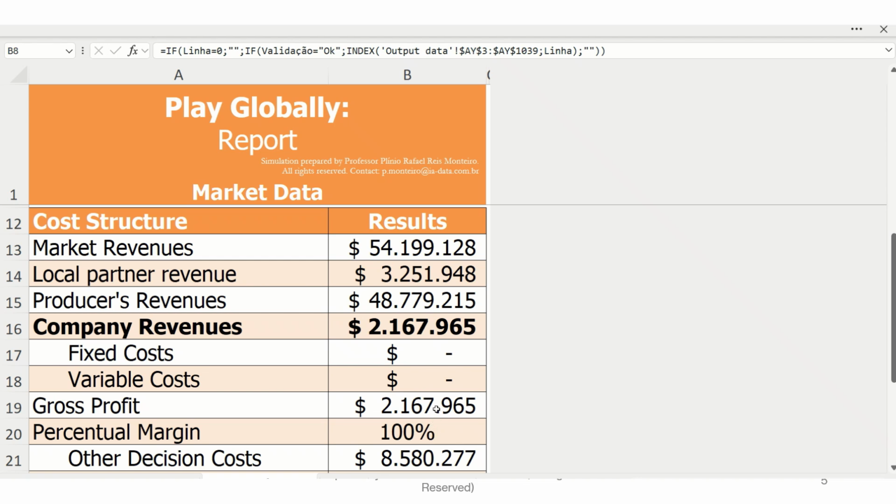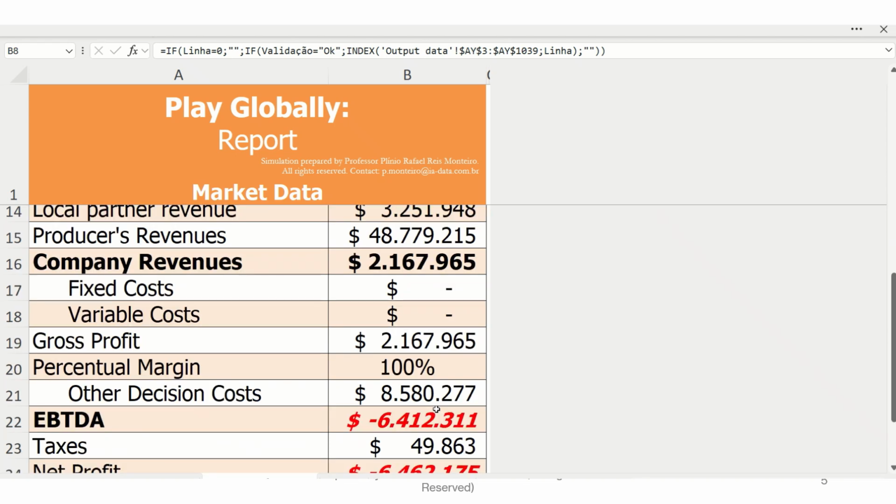Then we have the gross profit, which represents basically a huge percentage margin since I don't have any cost for providing services in the target market. But I have the costs of other decisions that we have in the entry mode: the marketing expenses, the pricing, adaptation, and so on.